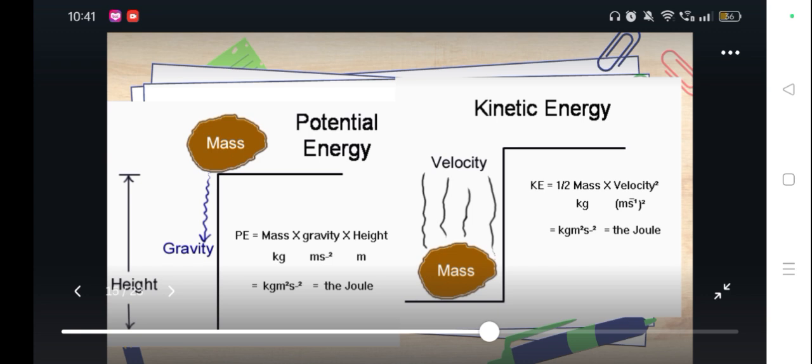So how do we quantify potential and kinetic energy? From the equation, potential energy is mass times the acceleration due to gravity and the height. For kinetic energy, it is mass times the square of velocity, then divided by 2. So that is how one can quantify the amount of energy for potential and for kinetic energy.